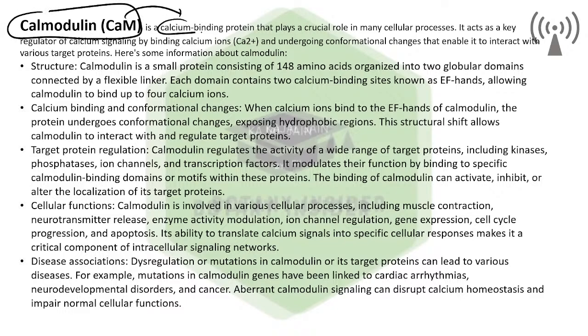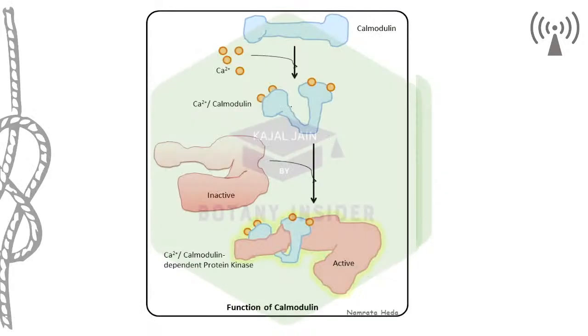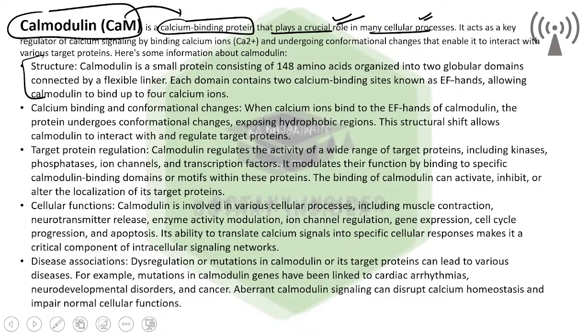Now, if I tell you about calmodulin, remember that it is a calcium binding protein that plays a very important role in a number of cellular processes, for example, the processes which require calcium. Talking about the structure, look into the diagram. This is how calmodulin looks, made up of almost 148 amino acids.